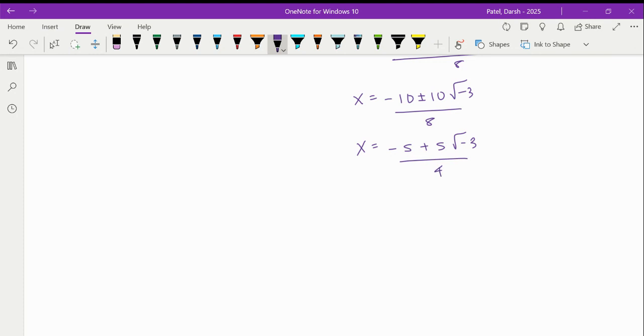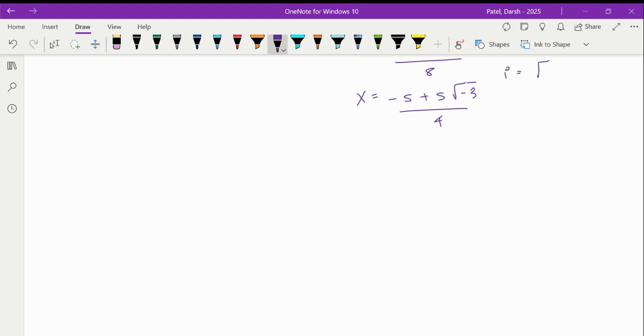And since we had to use imaginary numbers, because we can't have a negative inside a radical, and we all know i is equal to radical negative 1.